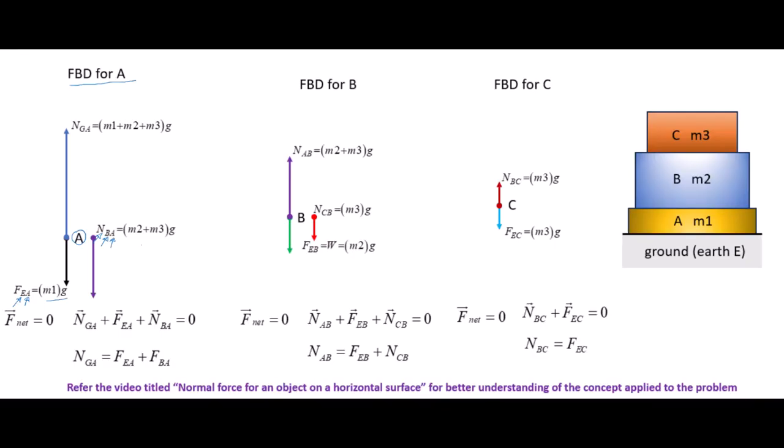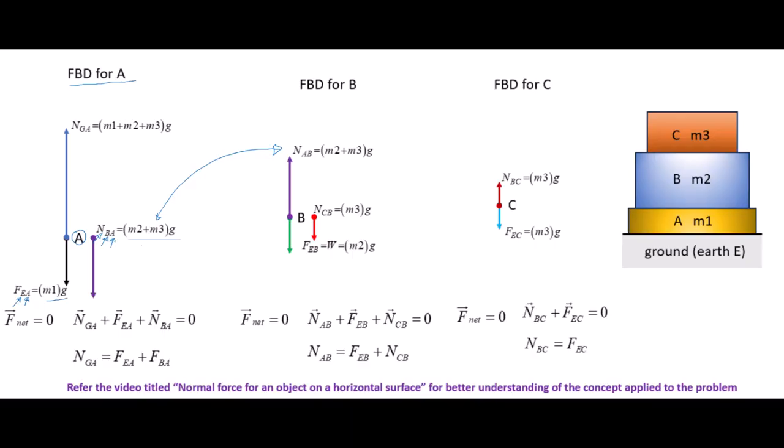So if I can draw, these two are related. NBA and NAB form the action and reaction pair. They are therefore equal in magnitude. So NBA will be equal to (m2 plus m3) times g. So we now know there are two forces acting in the vertical down direction.